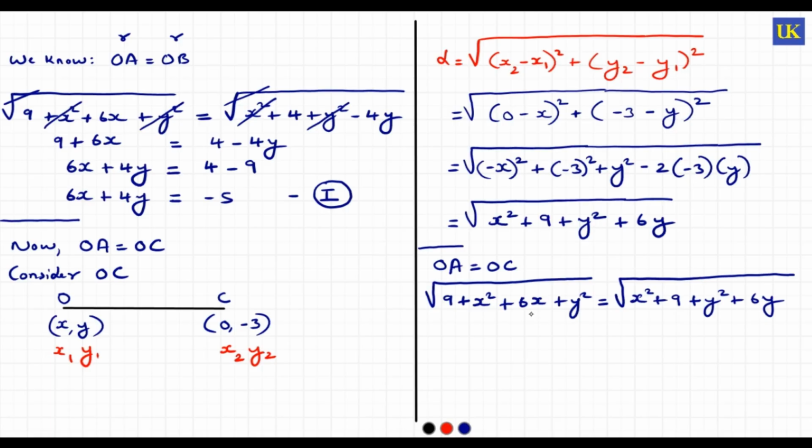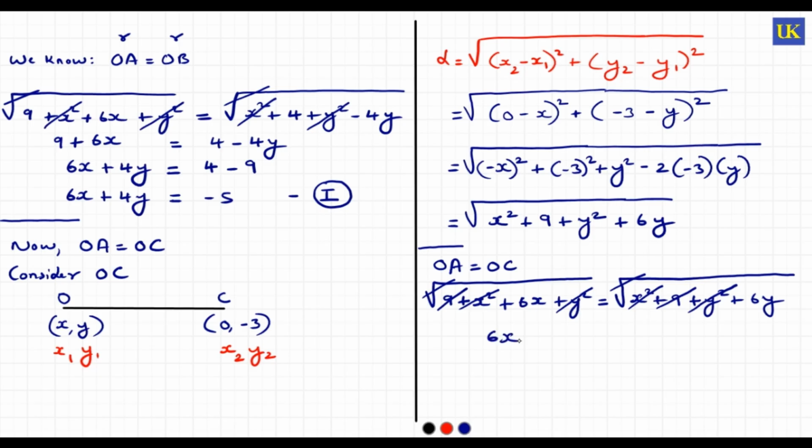So now here, guys, we can cancel square root and square root, then we can cancel x square and x square, then we can cancel y square and y square. Also 9 can be cancelled, so plus 9 and this 9.